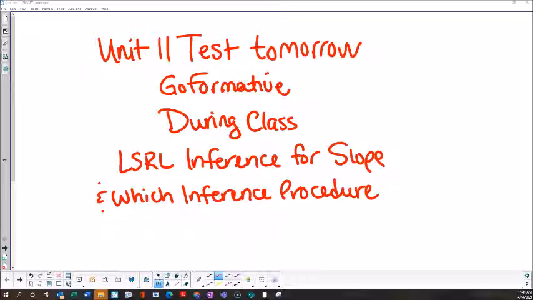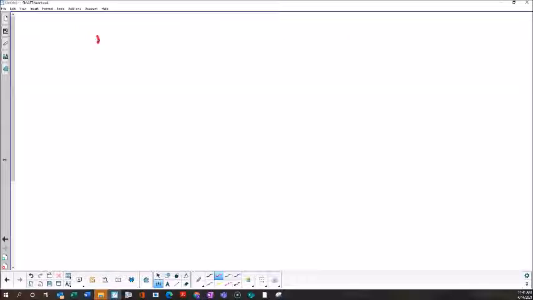How do you know basically if it's a chi-squared test for homogeneity or a chi-squared test for independence, which independence and association, those are interchangeable words.